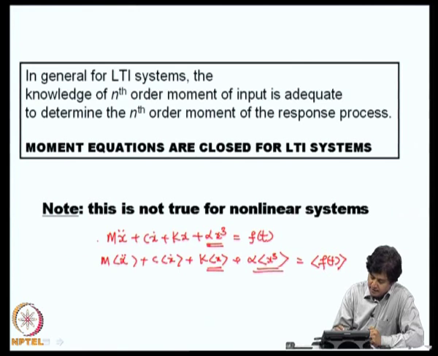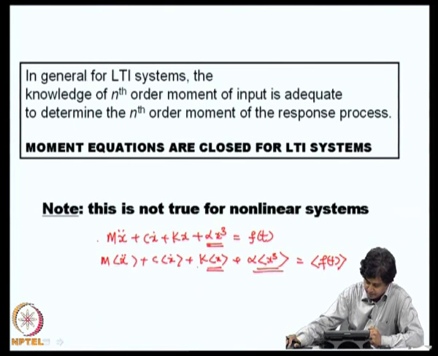So, the moment equations here will never get closed. They will form an infinite hierarchy of equations which at no stage yield an acceptable set of equations which can result in a solution for the moments. So, this is known as the closure problem. Later when we discuss some issues about nonlinear random vibration problems, we will briefly touch upon this again.